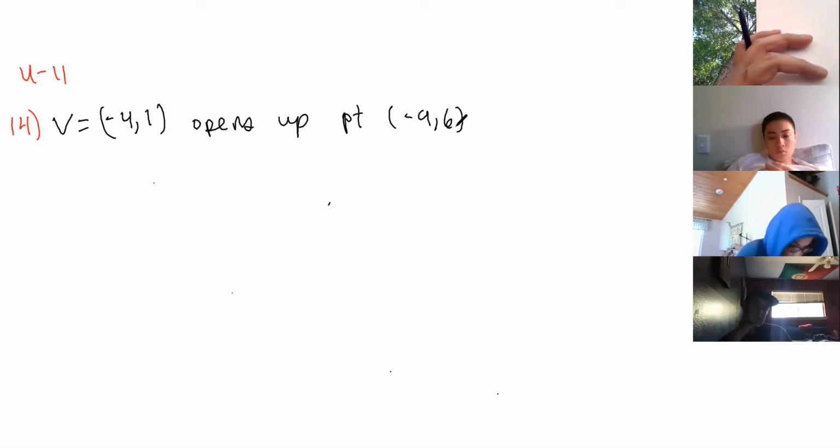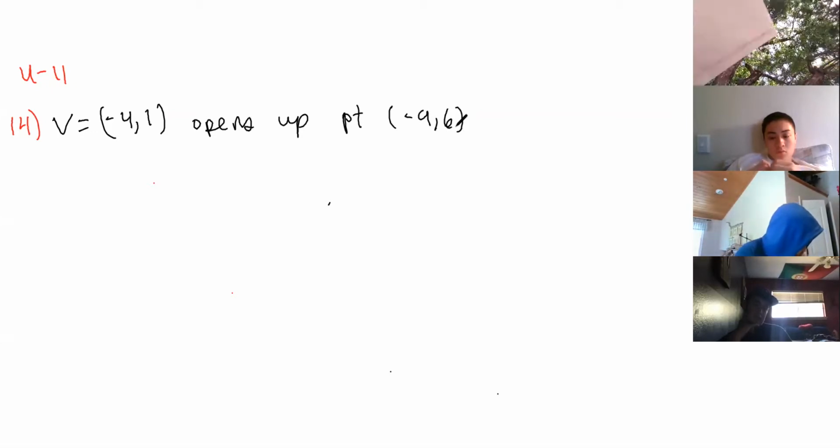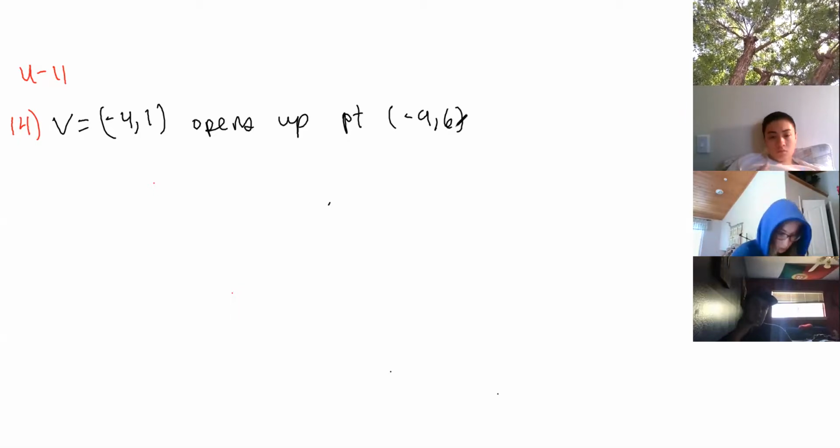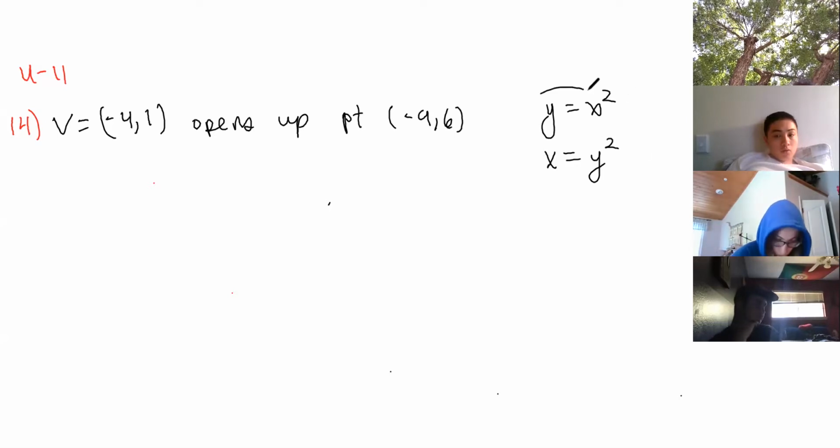If it opens up and not up and down, the only thing it could be is a parabola. If it opens up, is it y equals x squared or x equals y squared? What type of parabola is it? It'll be the x squared one. The x equals y squareds are the ones that are sideways, right or left.